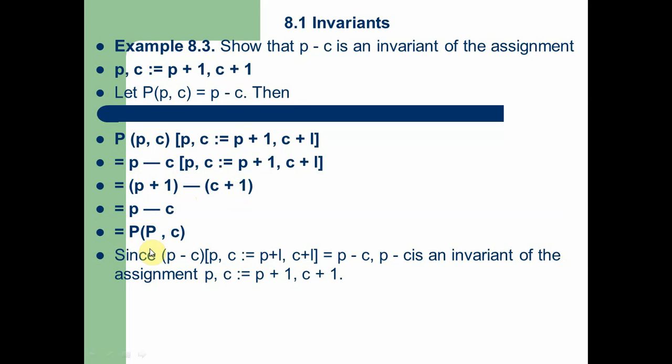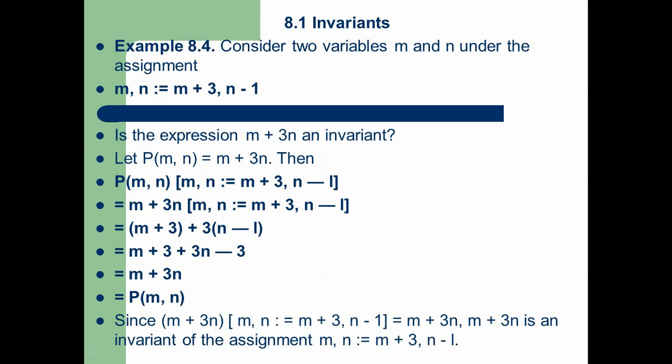So from this we can show that p minus c is an invariant. This is a simple mathematical proof by which we give proven statements for proving p minus c is an invariant.